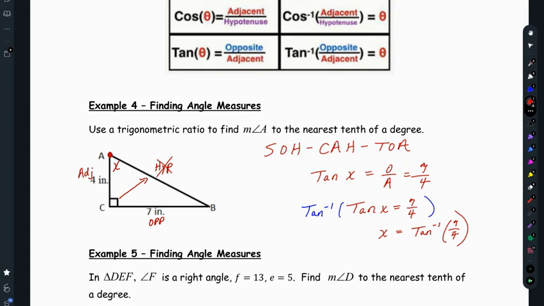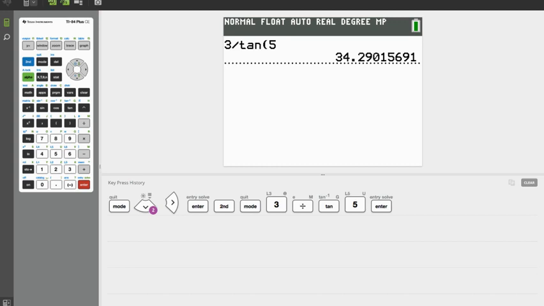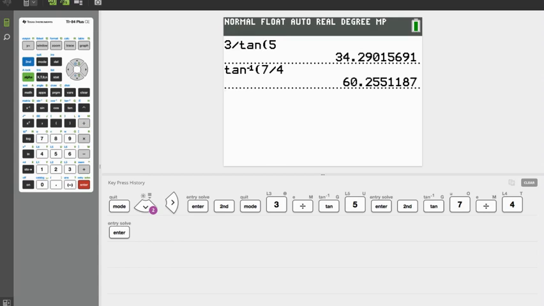Okay, so we're going to put that into the calculator. We're going to do second tangent to use the inverse tangent function, 7 divided by 4. And I'm going to get a value, rounded to the nearest tenth, of 60.3 degrees.